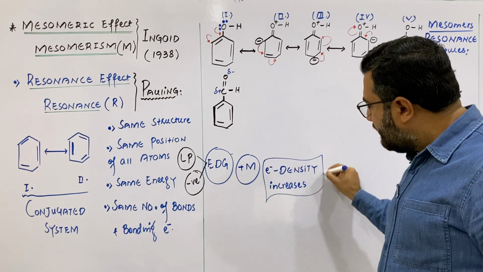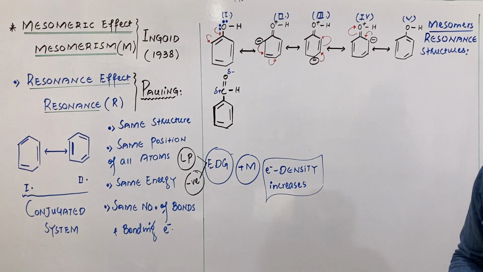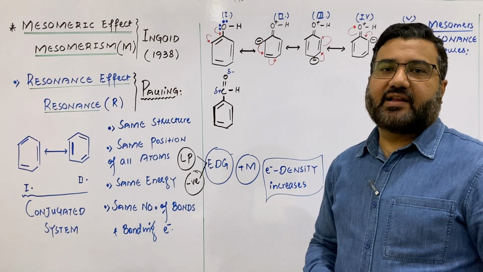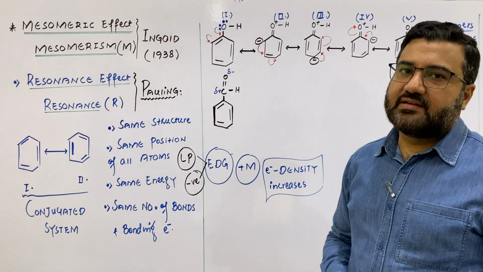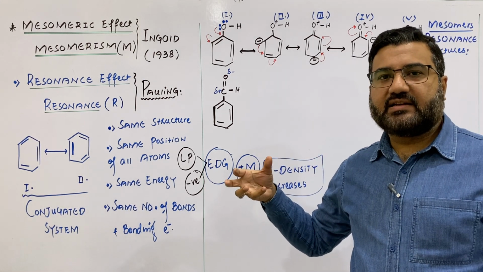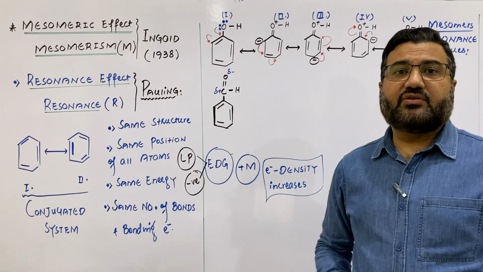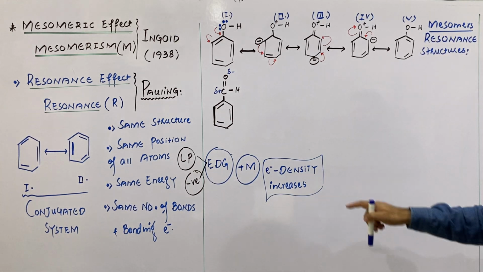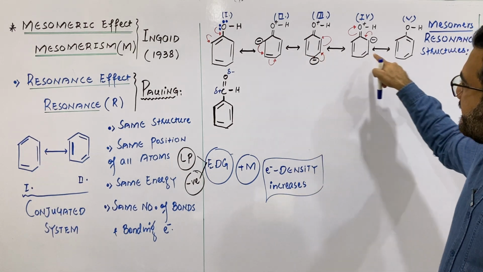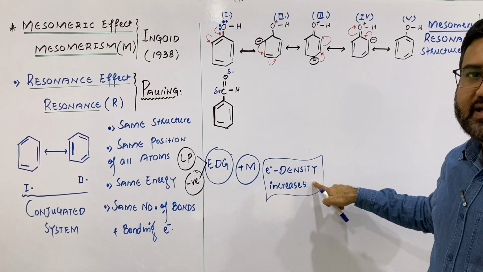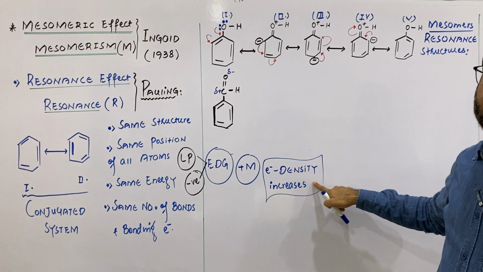And because electron density increases, the attack of the electrophiles becomes easier and the attack of the nucleophiles becomes difficult, as electrophiles are those species that are electron loving, basically negative loving. So the electron density of the conjugated system will increase and its reactivity towards electrophiles will also increase.